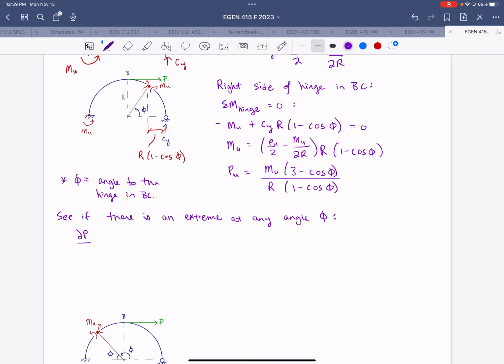We can take the partial derivative of Pu with respect to phi and set that equal to 0 to see if there's an extreme between B and C.